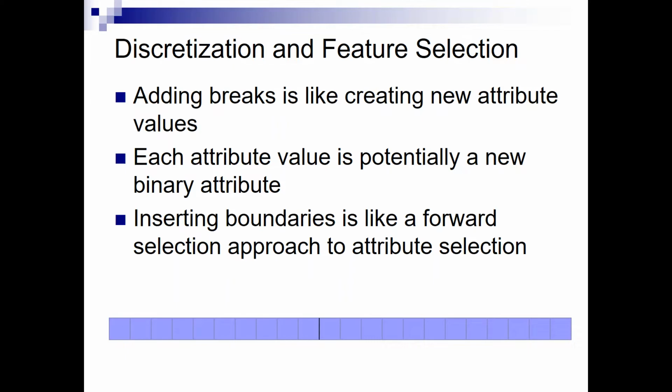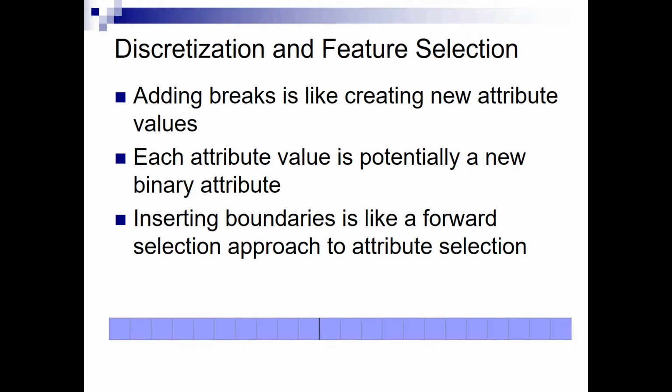Here you see a split was introduced halfway across. Let's say there are two values, A on the left and B on the right. Any value from the leftmost end up to that boundary will get value A, and everything else will get value B. So with one split, you get one nominal attribute with two values.